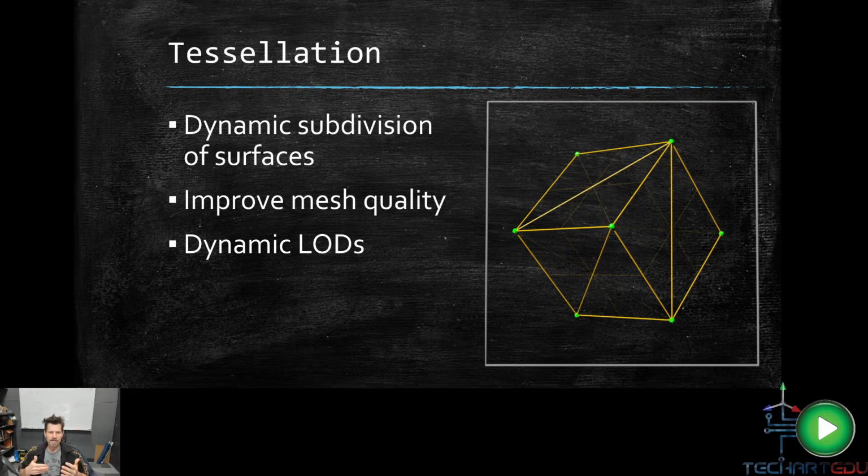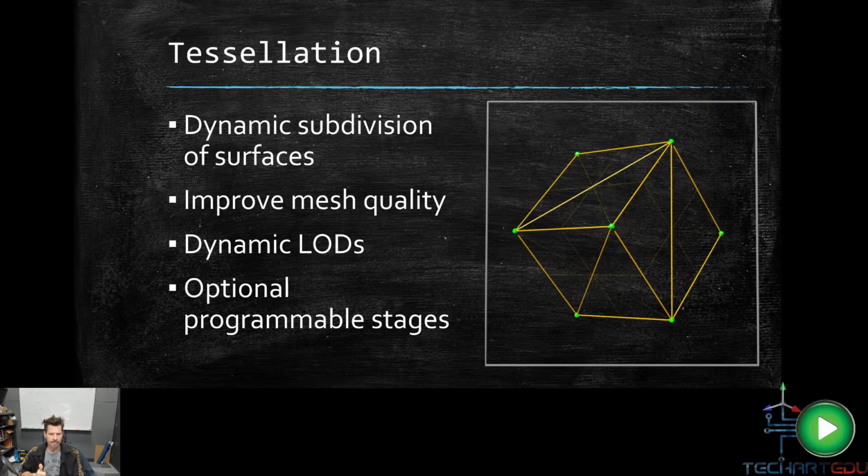It might go through a bunch of LODs, but instead of actually modeling all the LODs, you can have the geometry tessellate dynamically according to the distance to the camera. So the further it is, the lower the level of detail, and the closer the camera gets to the object, the higher the level of detail. That's really cool. And this is the first of the optional programmable stages. You don't have to do it, but it is available.